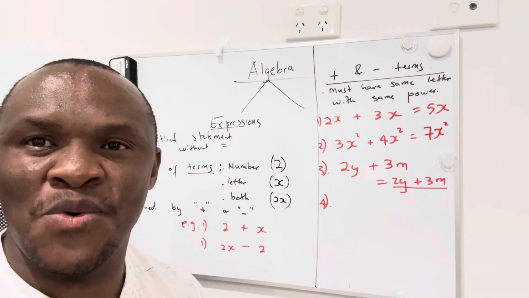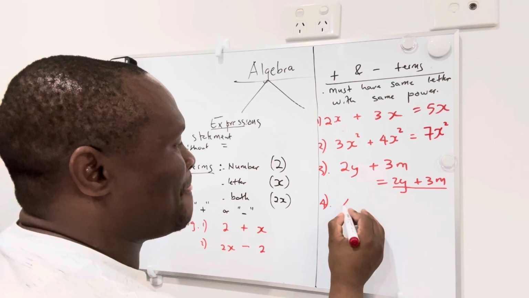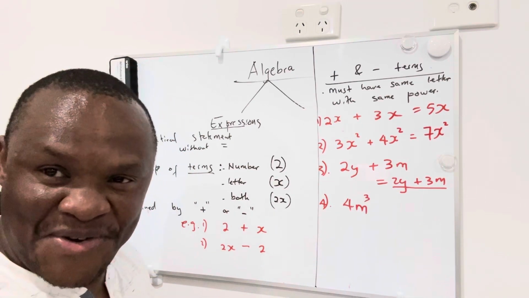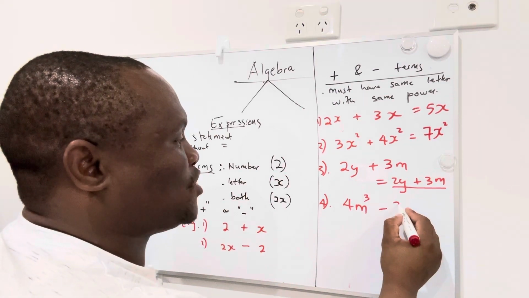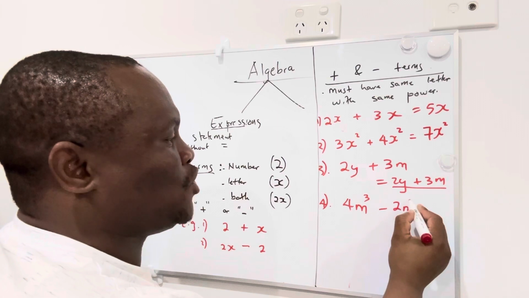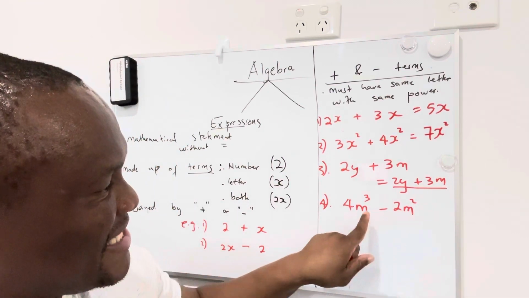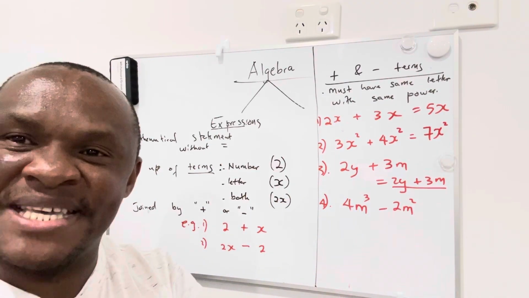Now, let's go to the fourth one. I'm going to try the one with different powers. Let's say we have 4m to the power 3 minus 2m to the power 2. Look, we can see that the letter is still the same, but the power is different.